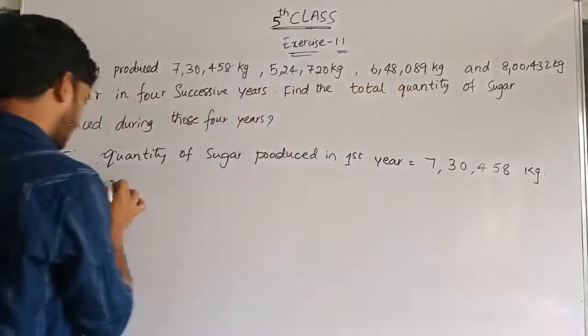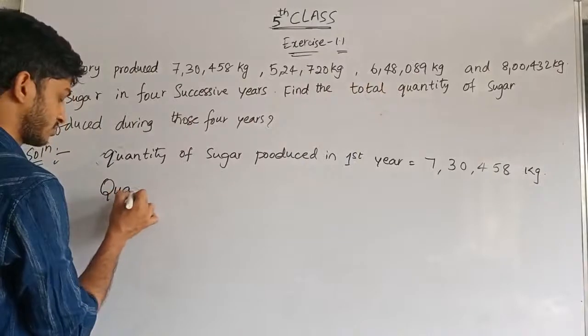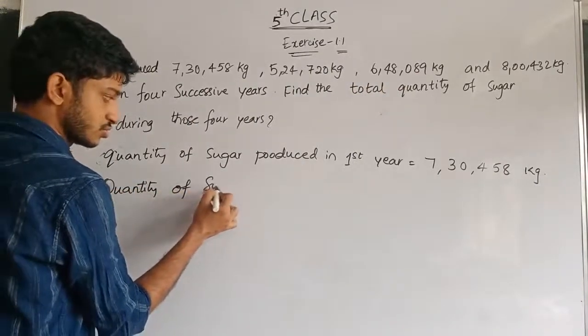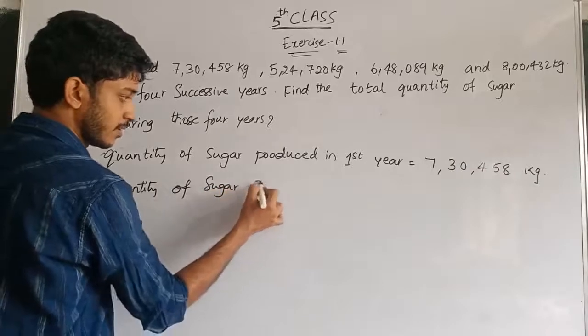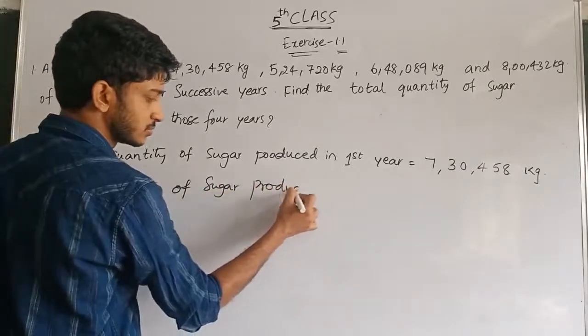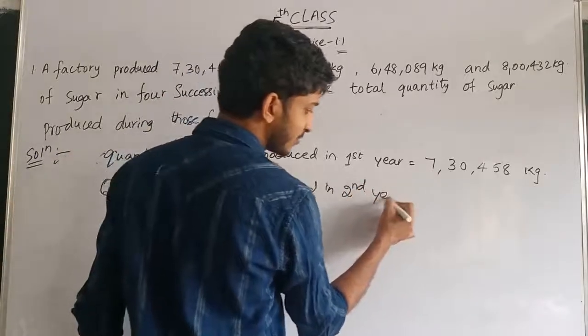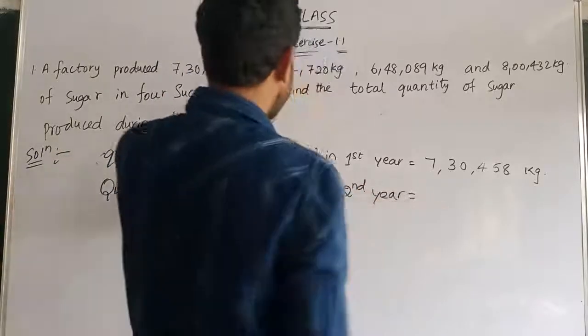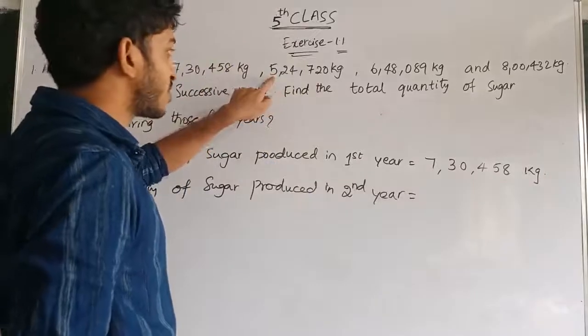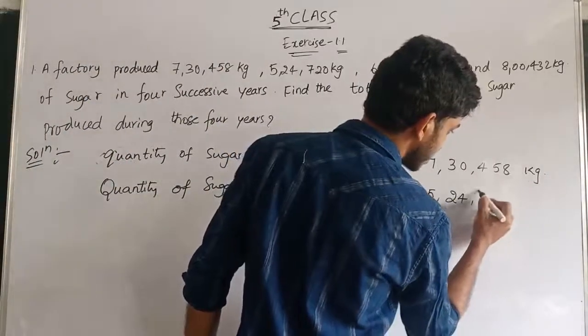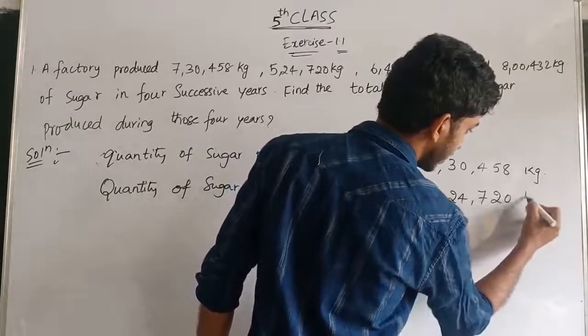And the quantity of sugar produced in the second year is 5,24,720 kgs.